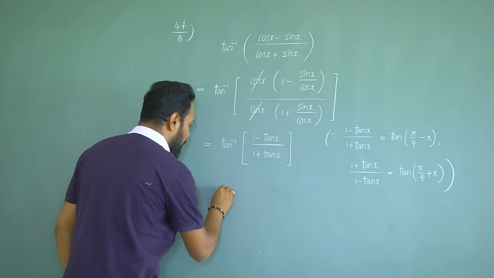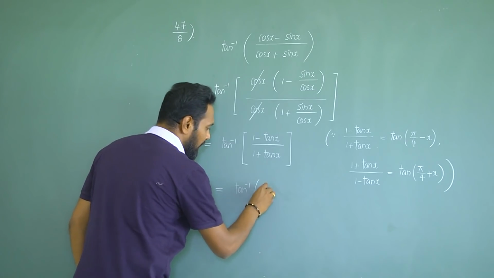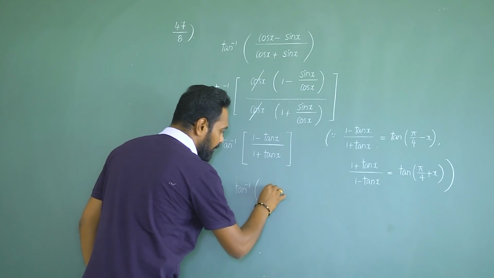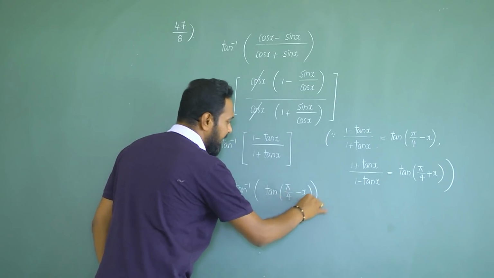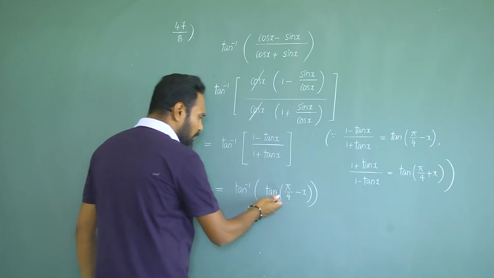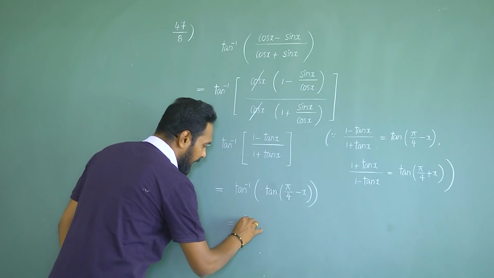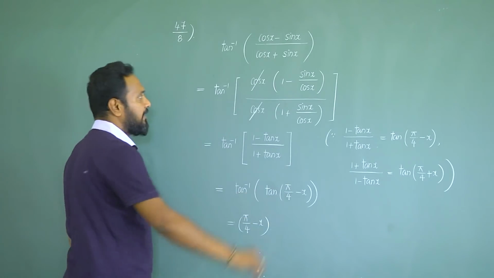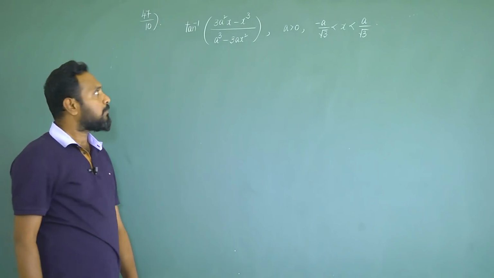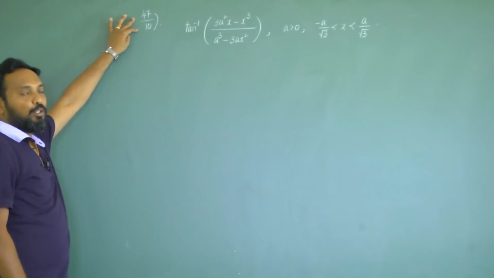If I substitute tan inverse of tan of (pi by 4 minus x), the tan inverse of tan x formula, you know, is x. So the simplification becomes pi by 4 minus x. It is the answer.